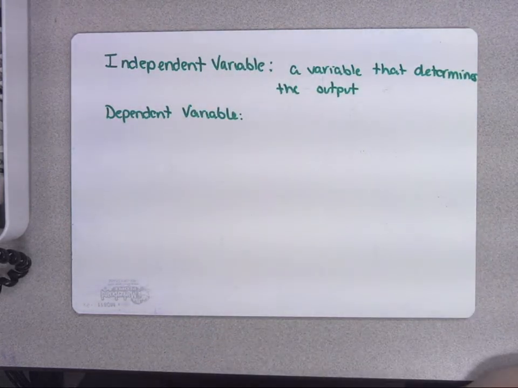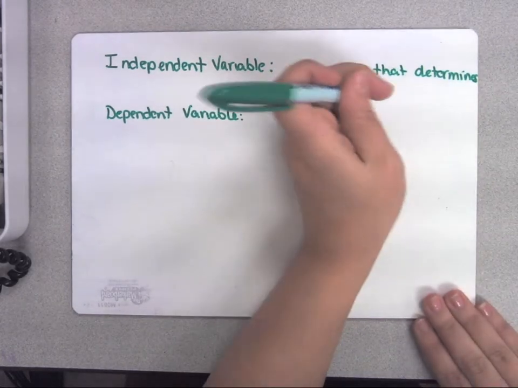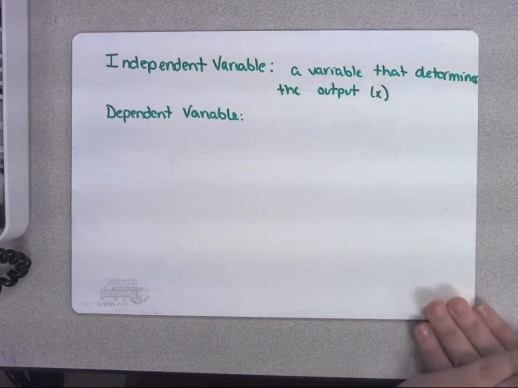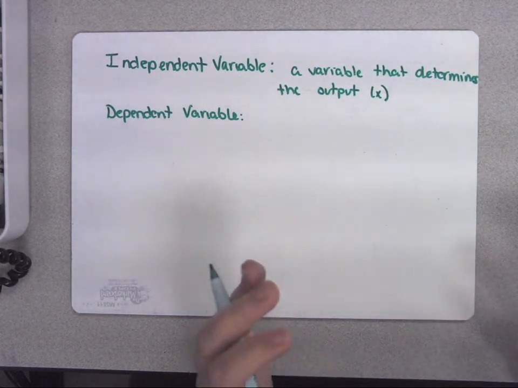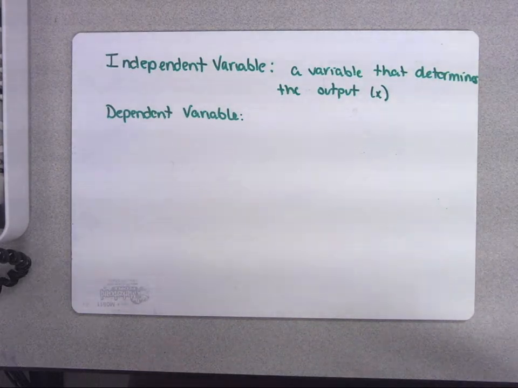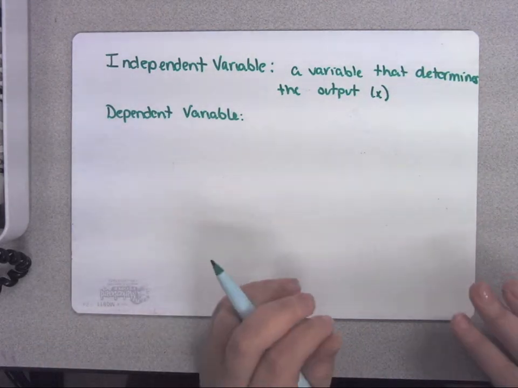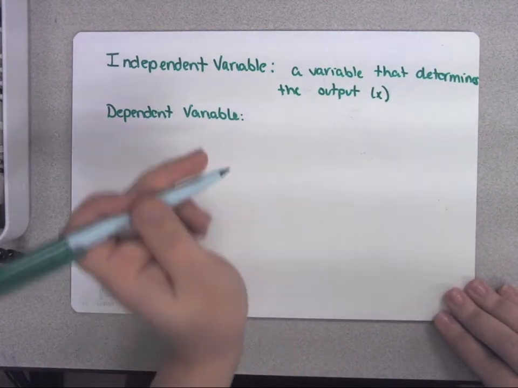You learn this in science, right? It's the thing that you start with, right? It's not affected by other things. Math and science, they're almost the same in this way, okay? A lot of the times, independent is our x. And then our dependent is its word is exactly what it means, okay?